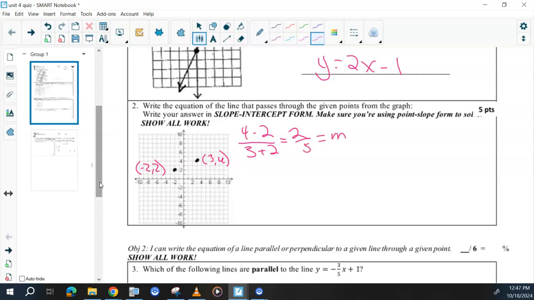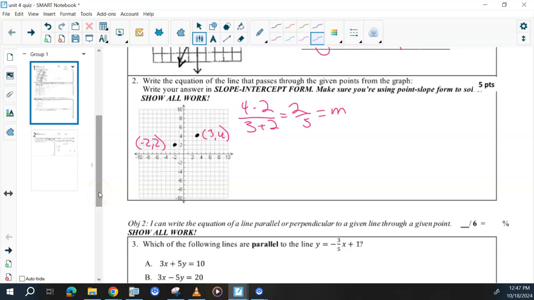Then you could have chosen either of the points to use with your point slope. I'm going to use the 3, 4 because that'll be easier. If you use this one, make sure if you're putting minus minus, that you change it to a plus before you keep going.